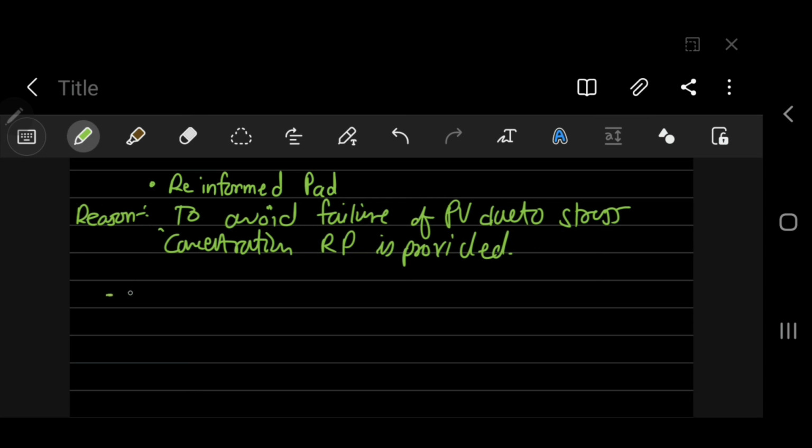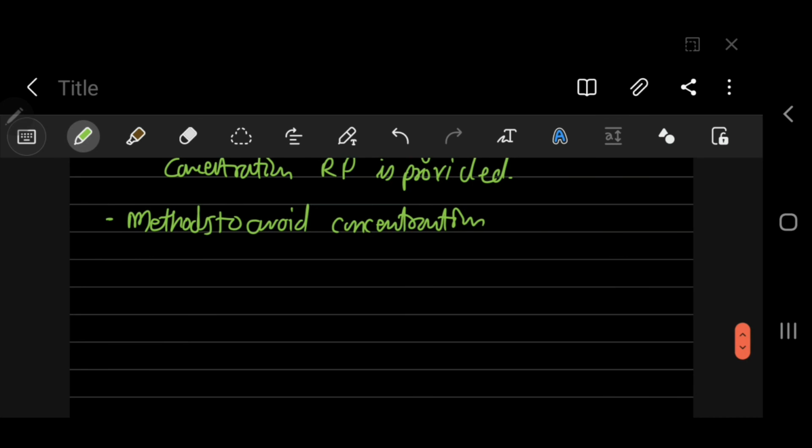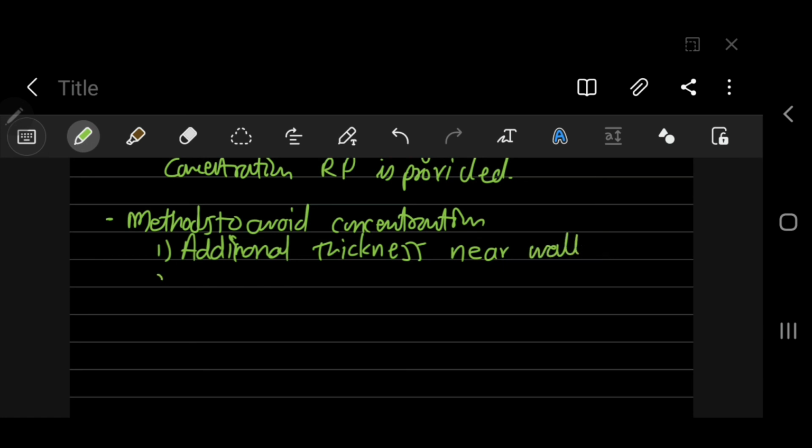And there are some other methods to avoid stress concentration. One of the methods we have already seen above. The first method to avoid stress concentration is to provide additional thickness near the wall.